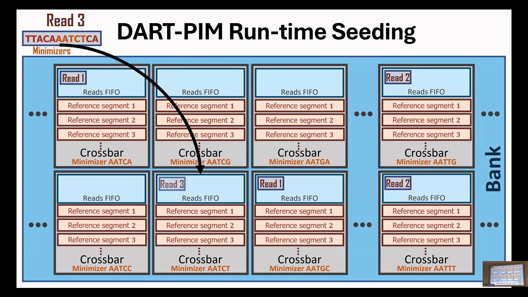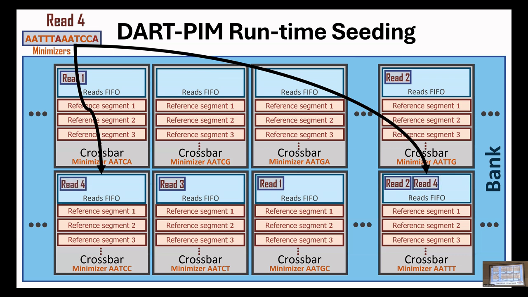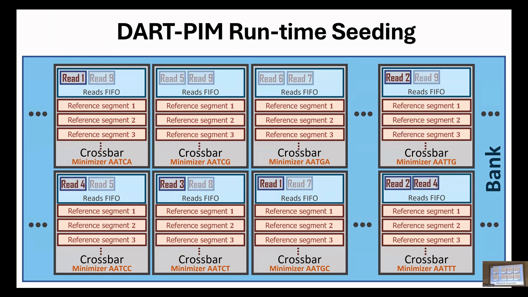How do we do it? We transfer it to all of the crossbars, and each crossbar knows whether it's its minimizer or not. If this read has the crossbar's minimizer, then it writes it into its FIFO. Okay, so this is how we're doing the seeding.